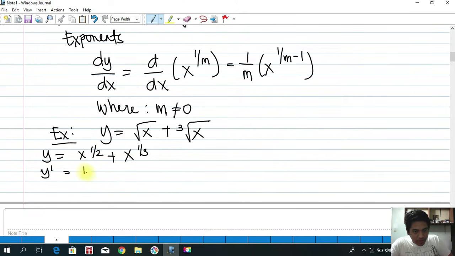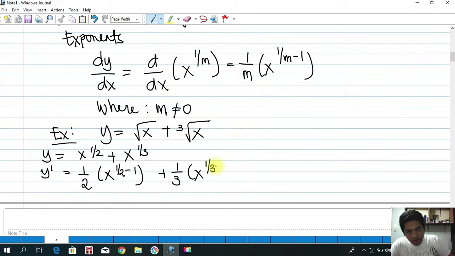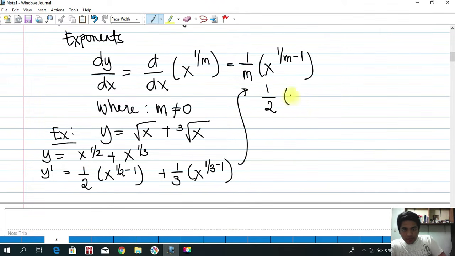Simply copy, bring down the exponent times x raised to 1 half minus 1, okay? And simply plus 1/3 x raised to 1/3 minus 1. So, upon simplifying that, we'll be having 1 half times x raised to 1 half minus 1, which is negative 1 half, plus 1/3.